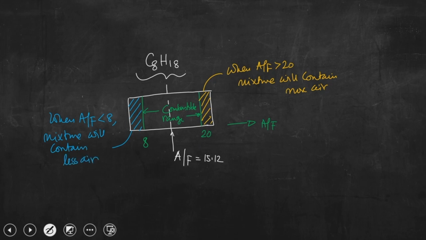So the carburetor will not supply an air-fuel mixture which is above 20 or below 8. If this is the case, then no combustion will occur.